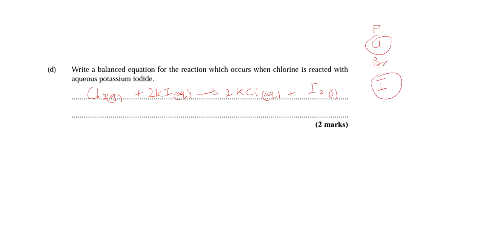Chlorine, when bubbled through an aqueous solution of KI, is going to displace iodine solid. The chlorine gas goes into solution as Cl minus, and iodine comes out as iodine solid. This is pretty straightforward. You just need to remember this.